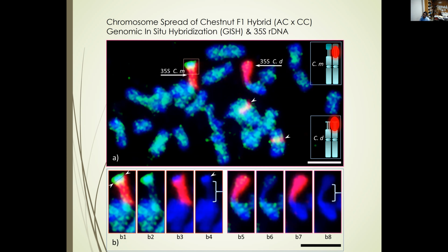It shows that this segment is species specific, very bright, and easy to see. You can see that half of the satellite, the 18S-35S signal, is covering that satellite. The next enlarged image shows it clearly, and I drew a red line separating the 35S and the satellite. The green signal is from the genomic DNA of Chinese chestnut.